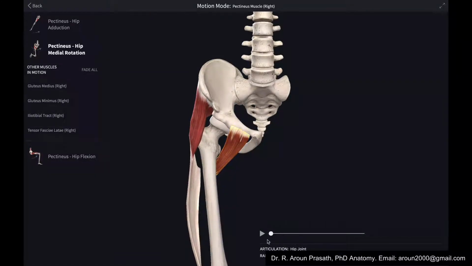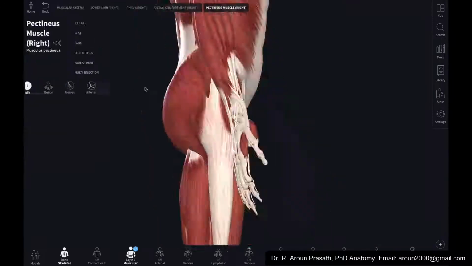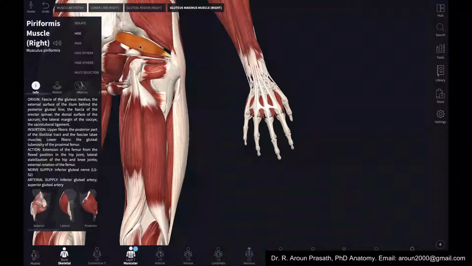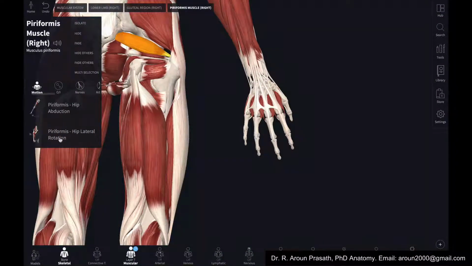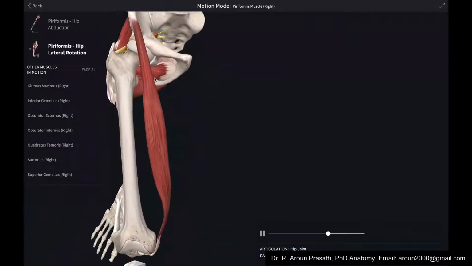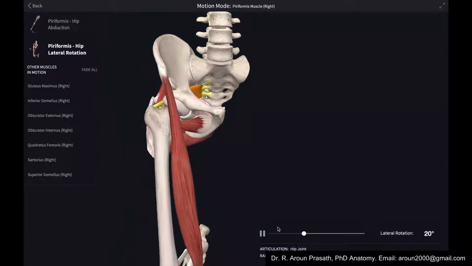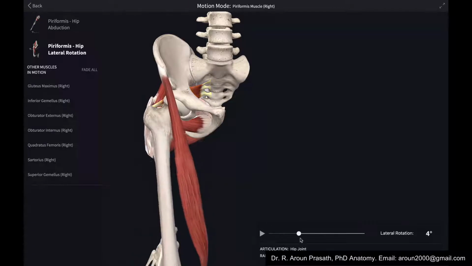Whereas the lateral rotation is about 60 degrees, which is done by the small muscles that are present, for example, the piriformis. Okay, so this is the lateral rotation. This movement is called a lateral rotation.